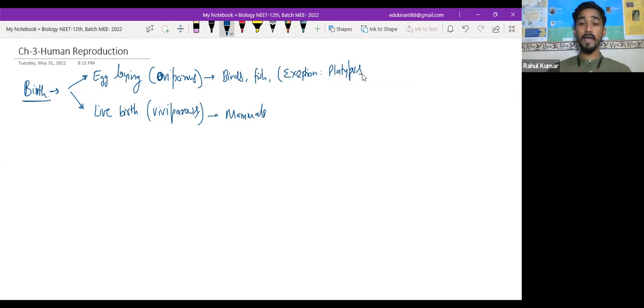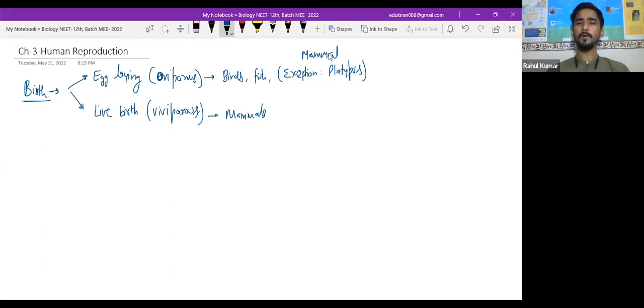Platypus is a mammal which lays eggs. It is an oviparous mammal, the only oviparous mammal. It also has a beak, which is why it's called duck-billed. It has a bill like a duck, so it looks like a duck, but it is a mammal.